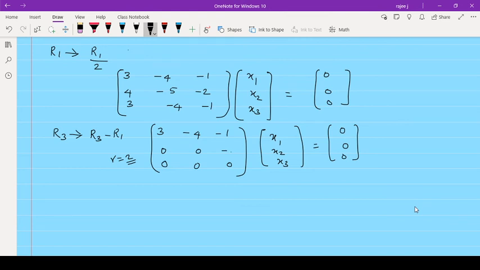Now suppose after solving here again you are getting 0. Then the rank will be 1. If there is any single term in this row, then also it is considered non-zero.